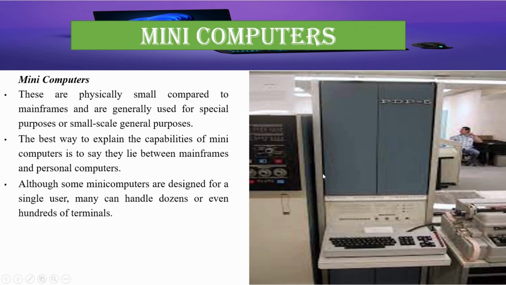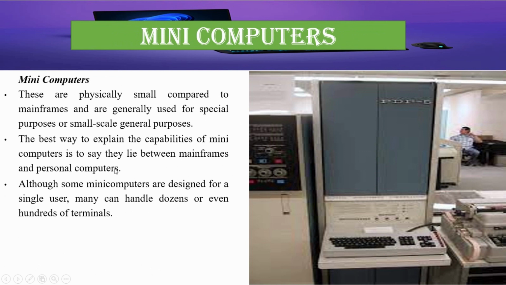The third type is minicomputers. Minicomputers are physically small compared to mainframes and supercomputers, and they are generally used for special purposes or small-scale general purposes. The best way to explain the capabilities of minicomputers is to say they lie between the mainframe and personal computers.